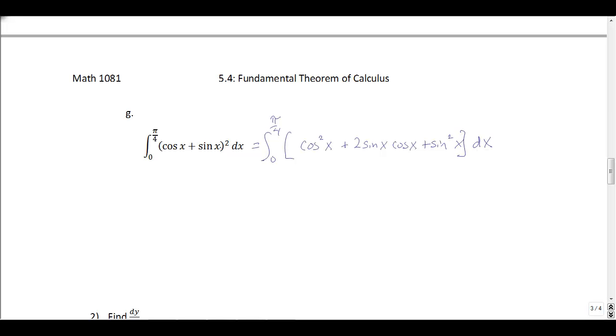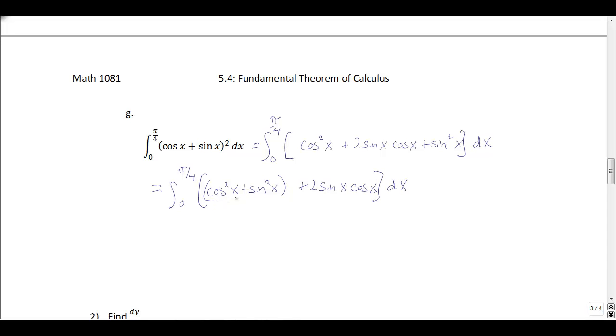So all I did here was evaluate the square, foiled this out, perhaps you could think of it. And then I'm going to rewrite this here and use a little bit of trig identities. I'm going to do cosine squared x plus sine squared x plus 2 sine x cosine x.